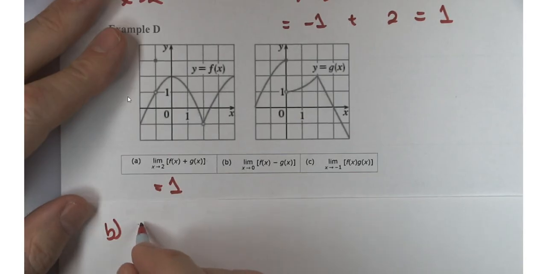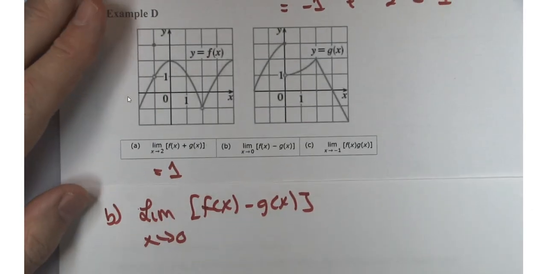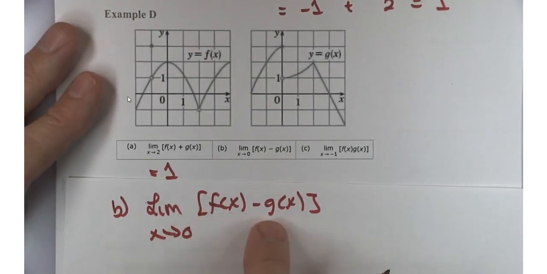We want to take a look at the limit as x approaches 0 of f of x minus g of x. And here again, your intuition is a correct guide, that it feels like you can kind of distribute this limit.